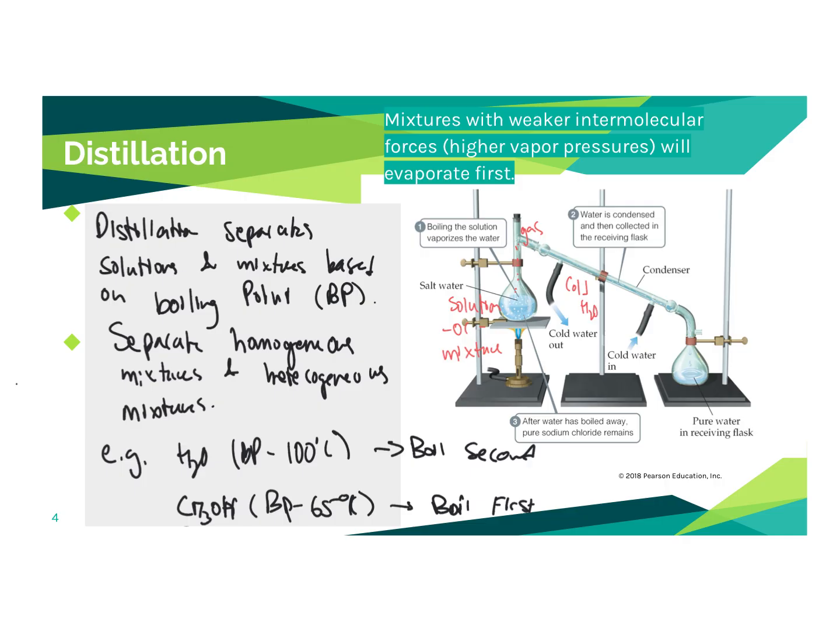And what happens is there's a tube inside of here where the solution can then condense. And the liquid now flows down this tube, and you collect your liquid here. And so whichever one boils first is what you collect first, and this is essentially a way that you can separate out either a homogeneous or heterogeneous mixture.